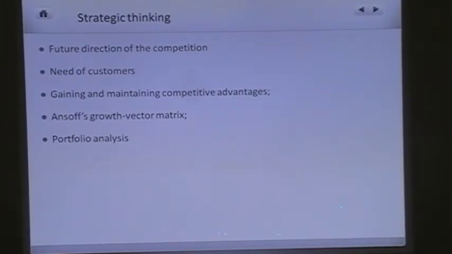That means when you do forward planning, you're planning to see where and how you will gain advantage. When we look at strategic thinking, we will look at a few analyses or models. We look at the Ansoff growth model, and we'll also look at portfolio analysis.